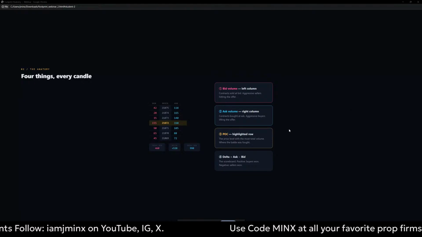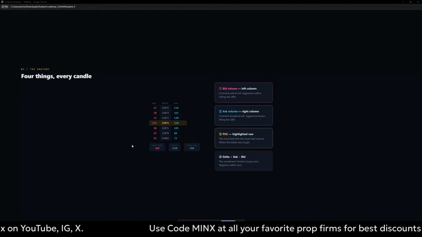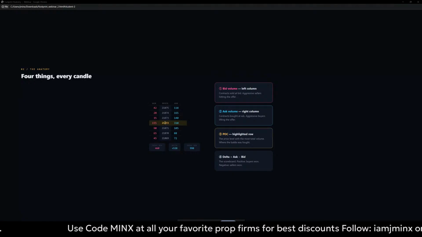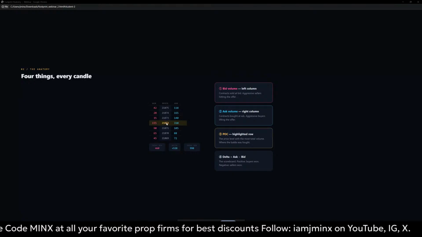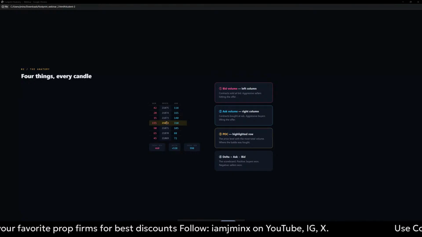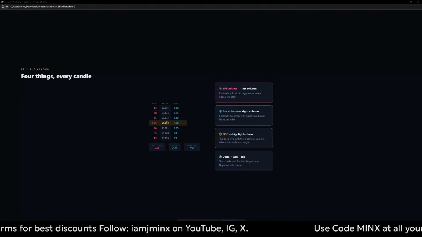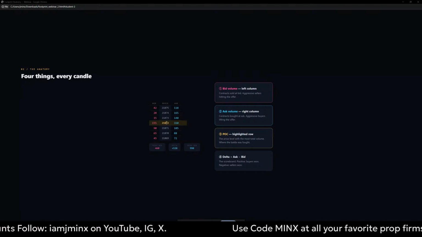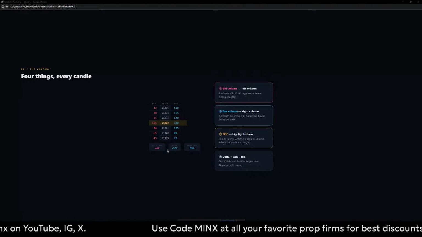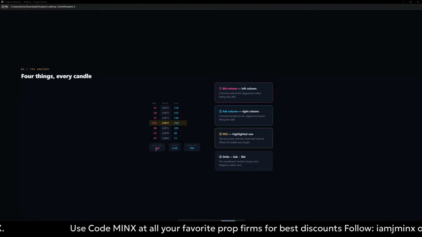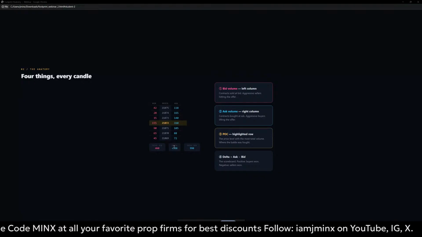So basically the point of control, which here is highlighted in its little color, is just the price with the most total volume, so the busiest level of the candle. And then 4 is the delta. If you add up these numbers, you get this. If you add up these numbers, you get that.